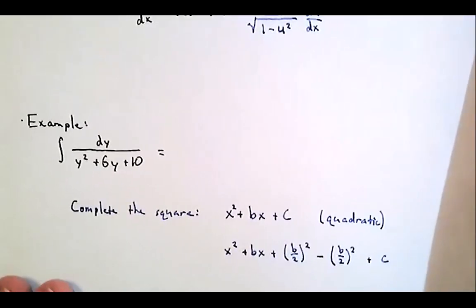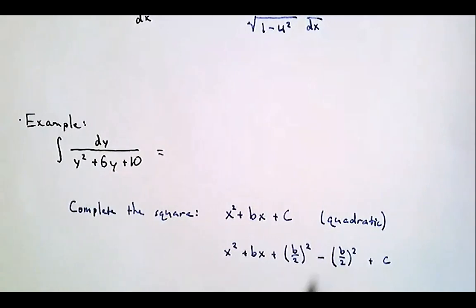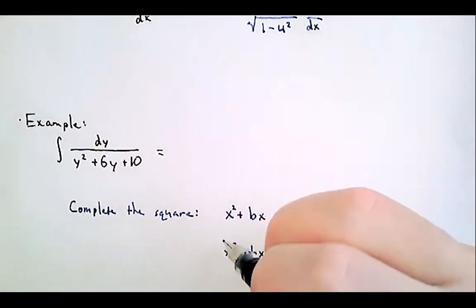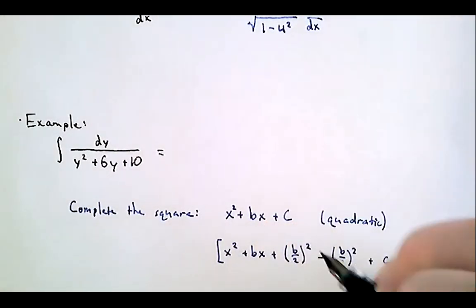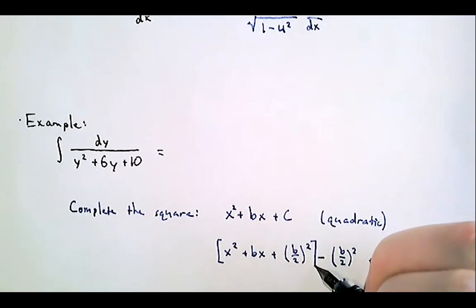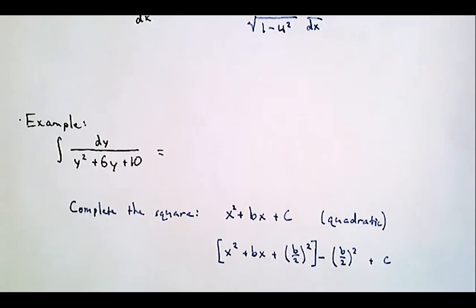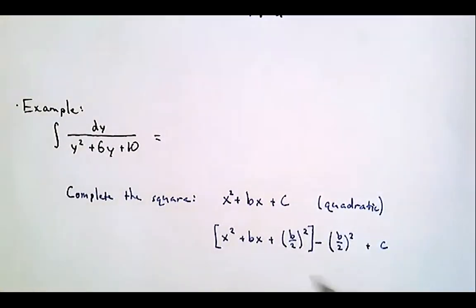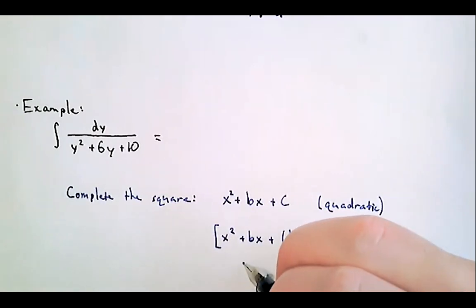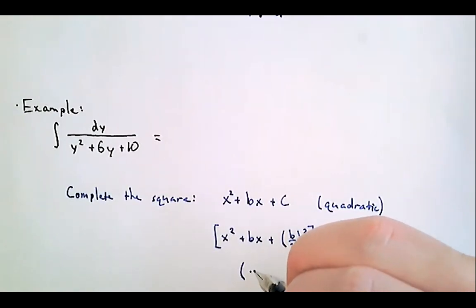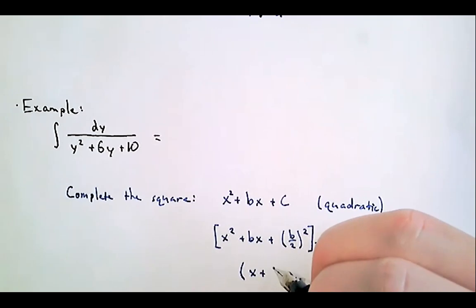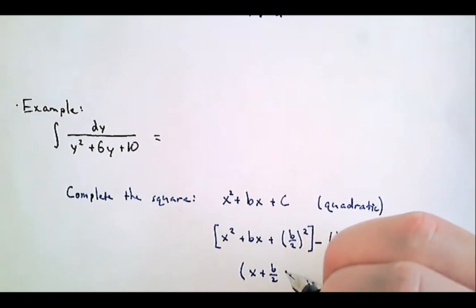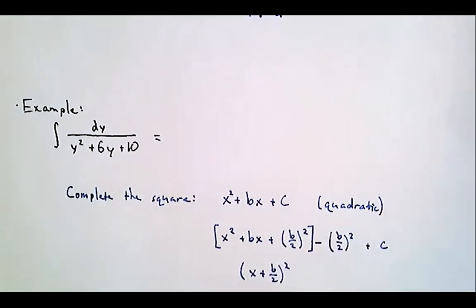But we actually gained something, even though it looks a little messy, like we made things worse. If we group this first bit together, we're actually looking at a perfect square. This is actually just x plus b over 2, squared.